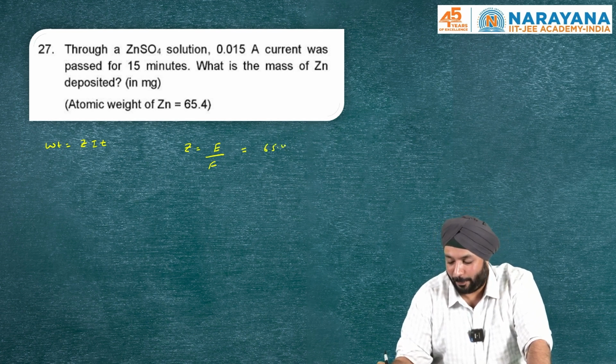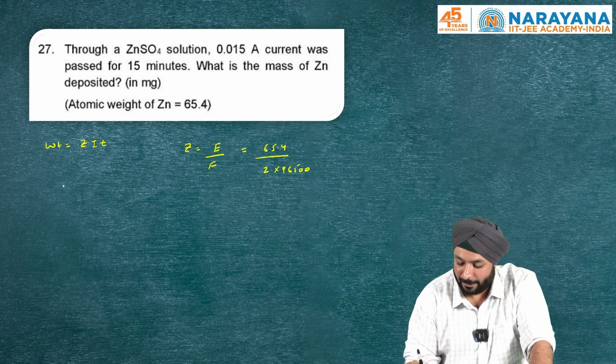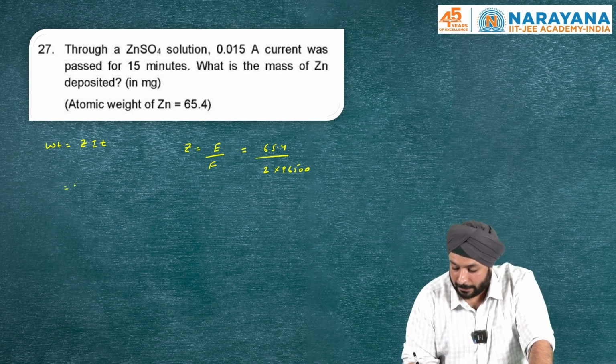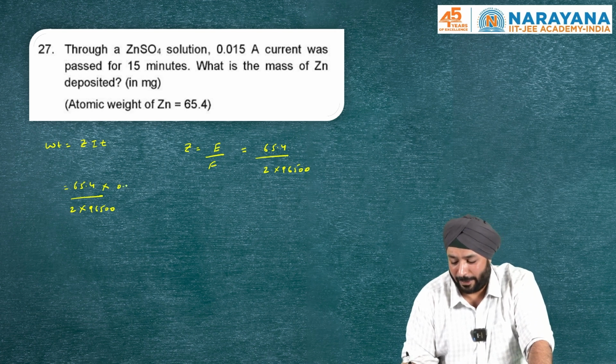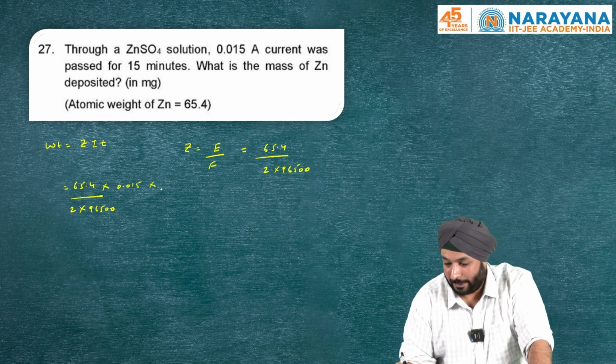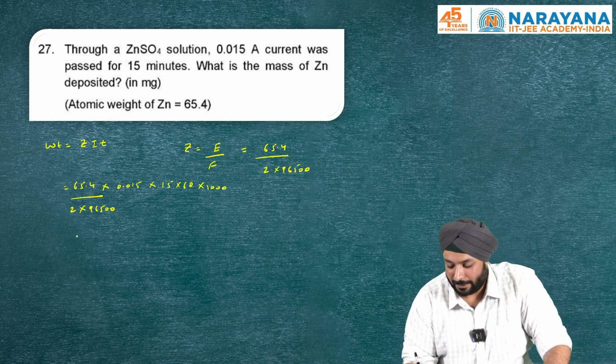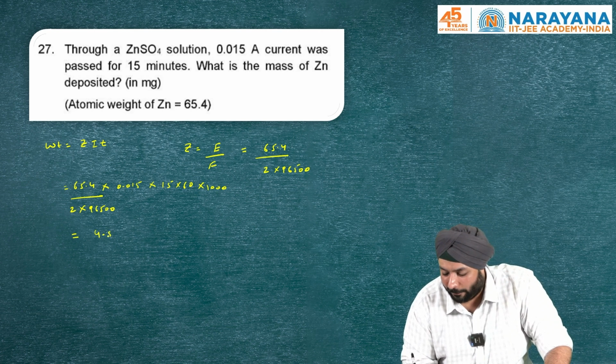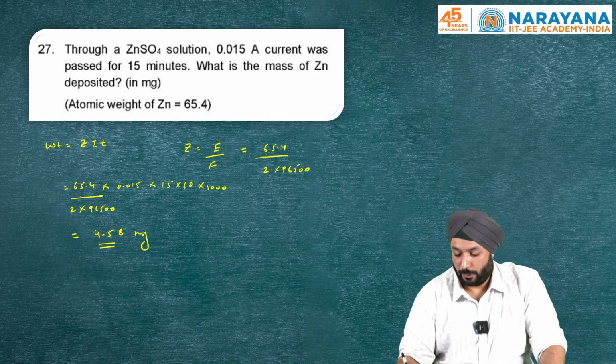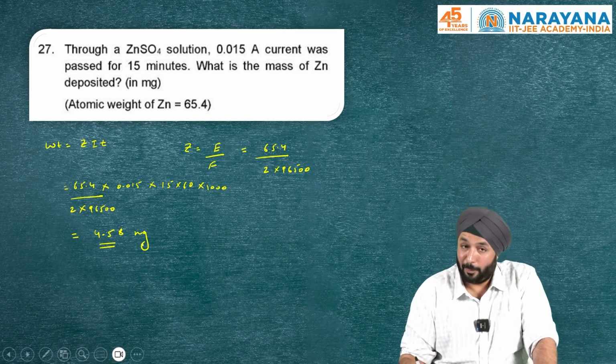That is 65.4 divided by 2 into 96500, into I which is 0.015, into t which is 15 into 60. The answer will come in grams, so I want milligrams, so multiply with 1000. So answer will come as 4.58 milligrams. Very simple question, right? We'll move ahead.